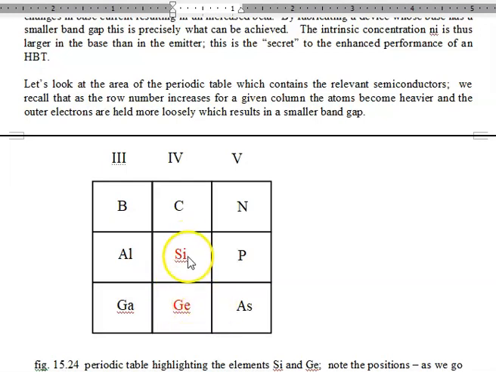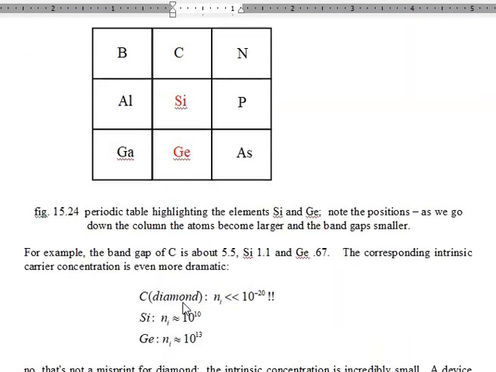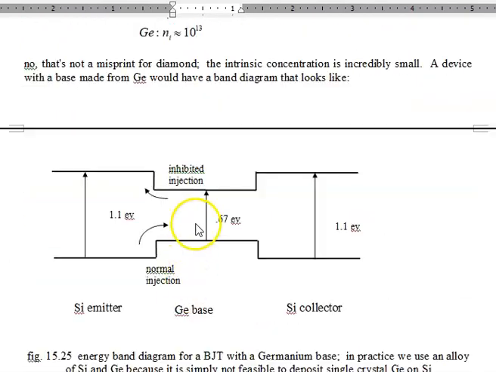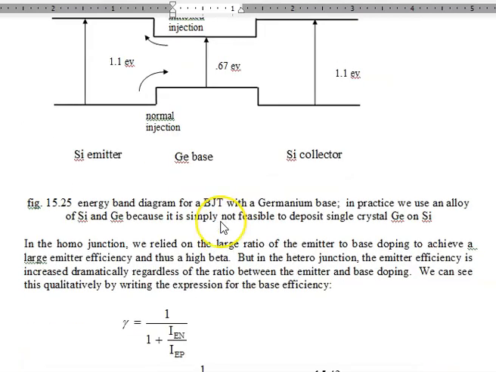So what we do is we form an alloy of silicon and germanium, which is called, oddly enough, silicon germanium, which is in the middle, more or less, between silicon and germanium in its size and also in its band gap. So instead of being 0.67, this could be 0.75 or something like that. But we still get a significant advantage, and we get a good crystalline structure in the base.